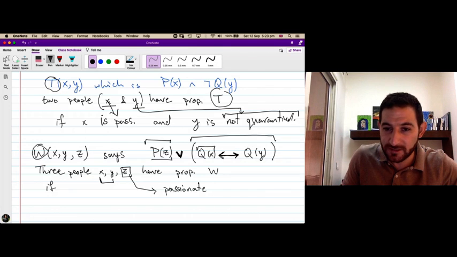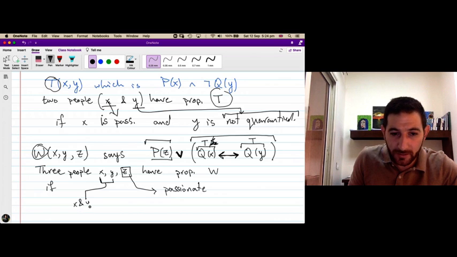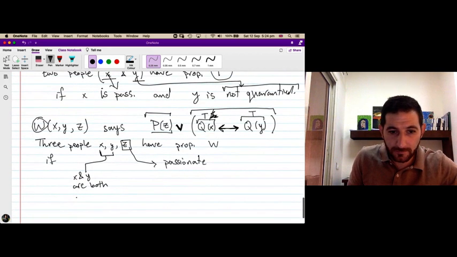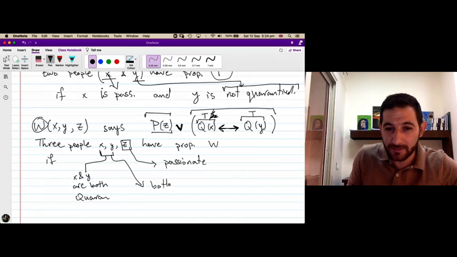So the first case, when both are true, means x and y are both quarantined, or both are not quarantined.